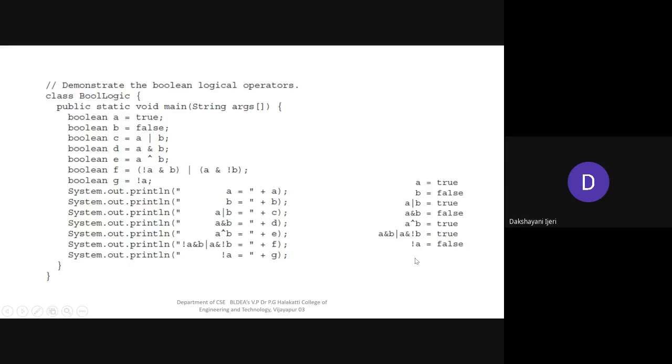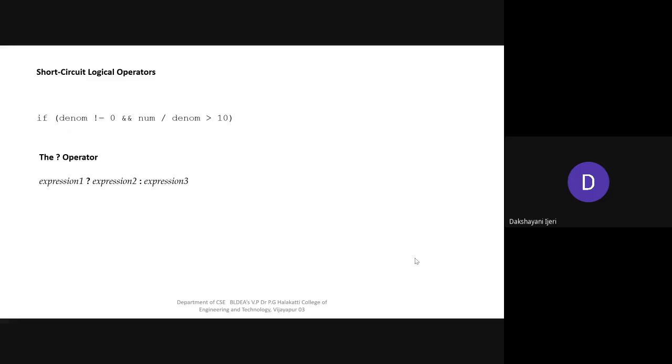Okay. So coming to the next operators, here are the short circuit logical operators and the ternary operator. The short circuit logical operator is the one where you are going to use the double AND symbol or the double OR symbol.